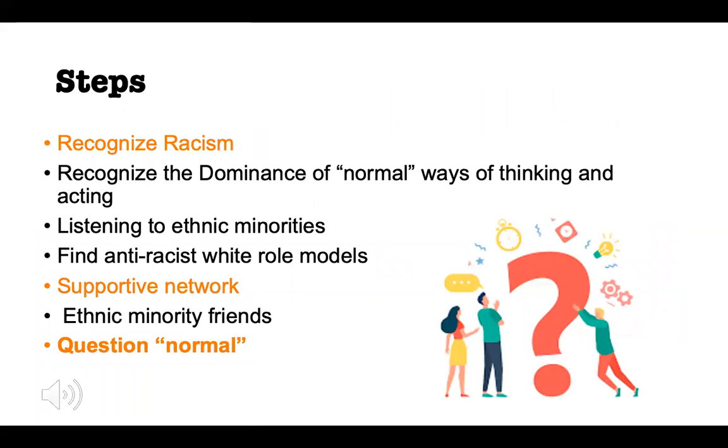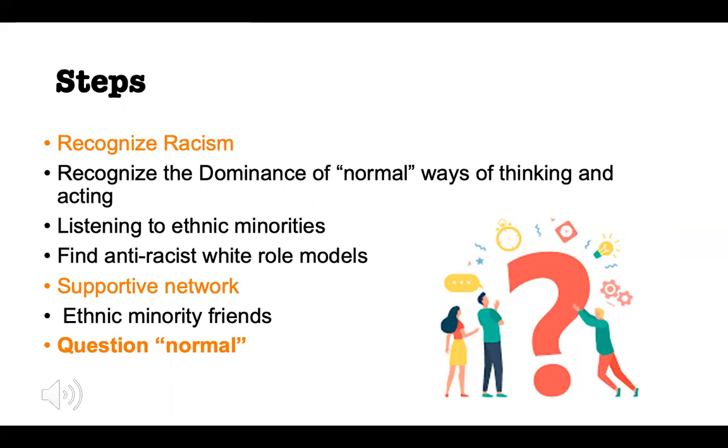I found this slide very interesting from our lecture. Most importantly, the ones I have highlighted in orange. Being able to recognize racism is very important. It's not just a joke. Sometimes it's not just a comment. We need to recognize when something is racist.